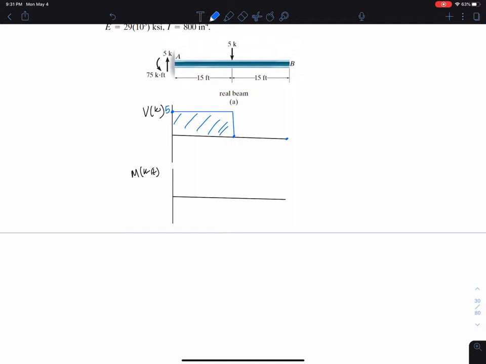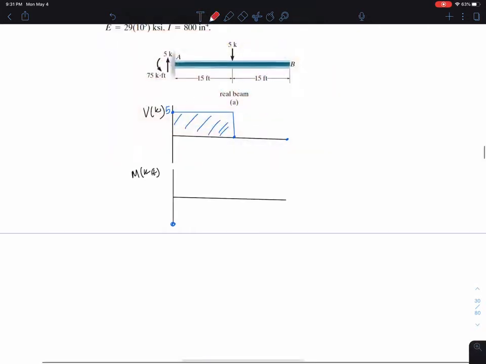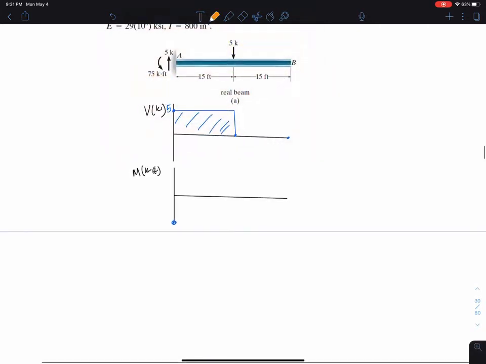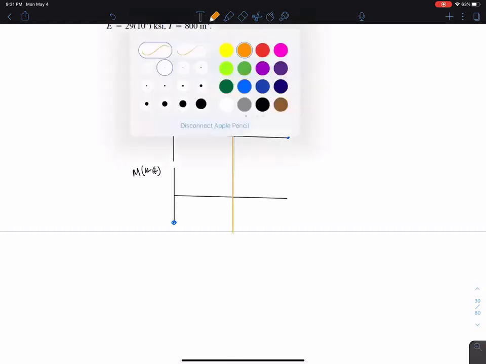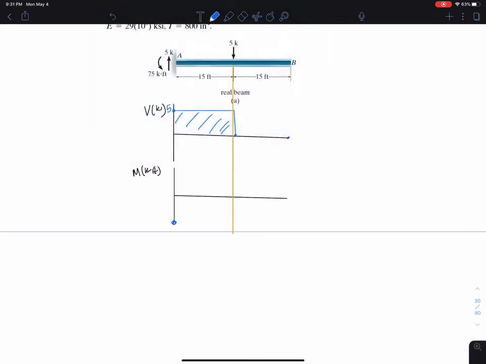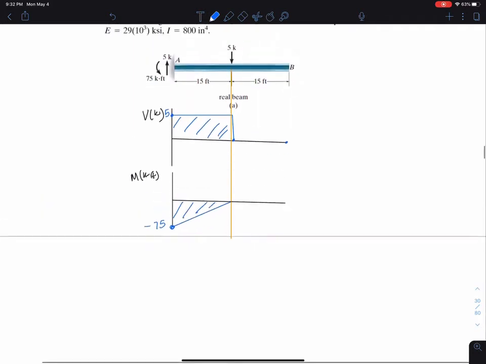Here for moment, you can see we have this negative 75. Let me draw a line here. We'll pretend that line intersects in the right way. And then we're going to go up here. That's pretty much it. And now we can construct our conjugate beam.